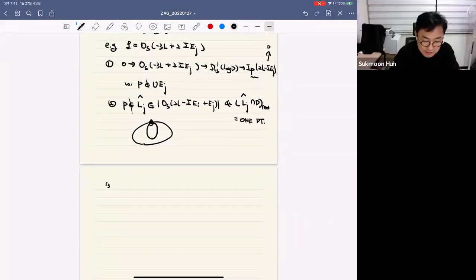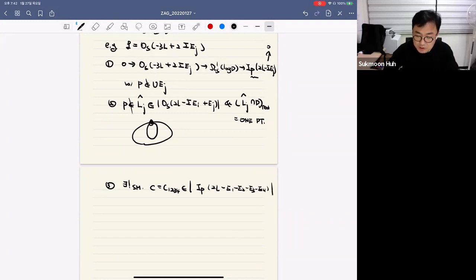Also, because of this second step, we can guarantee the existence of the unique smooth curve, say C or C1,2,3,4, in IP 2L minus E1 minus E2 minus E3 minus E4.